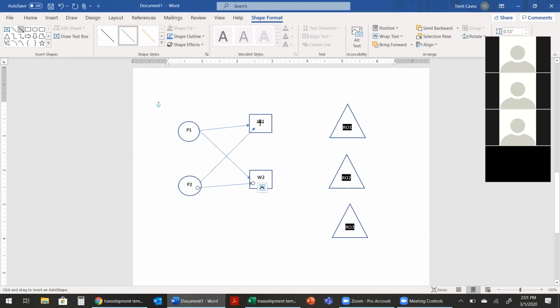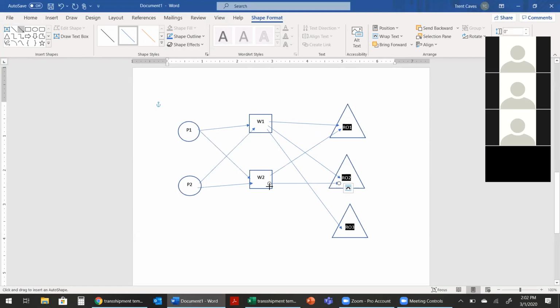And then our warehouses to retail outlets, warehouse 1 to retail outlet 1. Warehouse 1 to retail outlet 2. Warehouse 1 to retail outlet 3. And warehouse 2, same way. If it's easier for you to draw these out by hand, it's absolutely fine to do it that way.